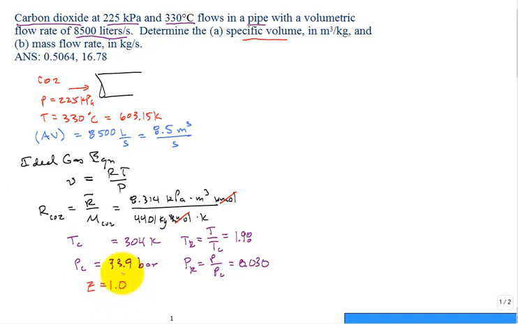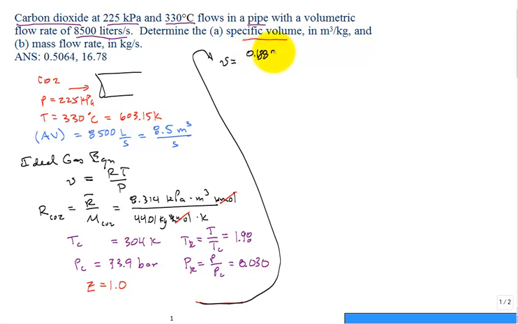Okay, so let's go back here and continue the calculation. So v is, the R for the CO2 is 0.1889 kilopascal meter cubed per kilogram Kelvin, multiplied by the temperature, 603.15 Kelvin, divided by the pressure.